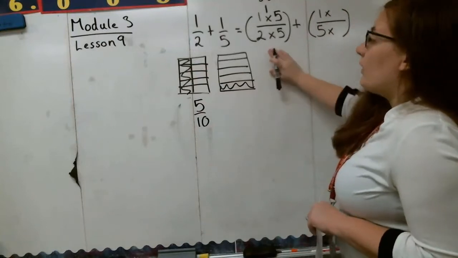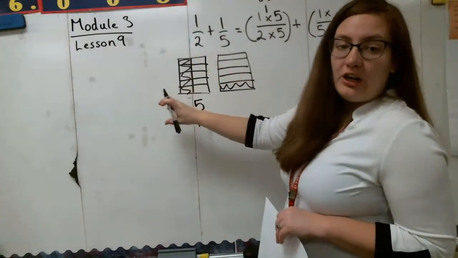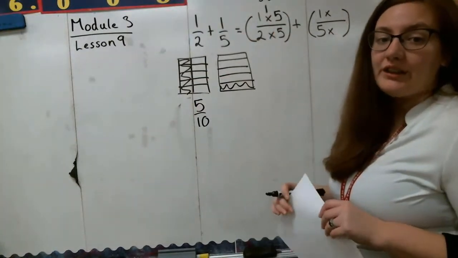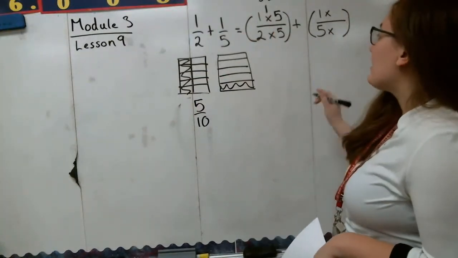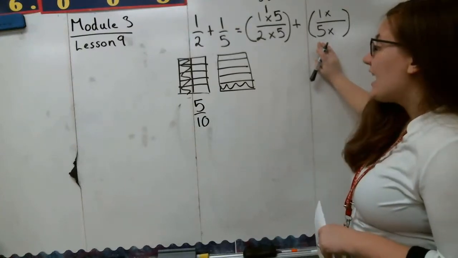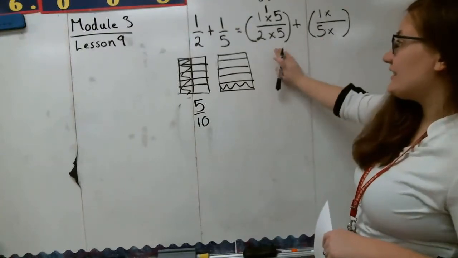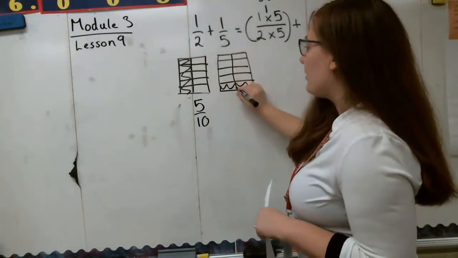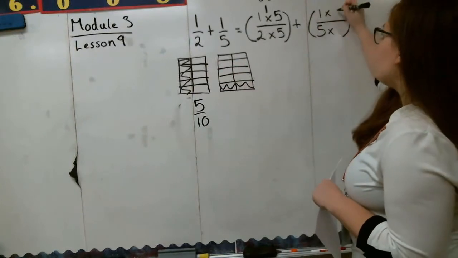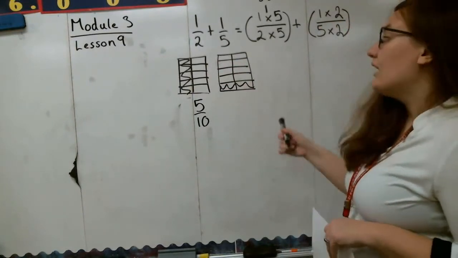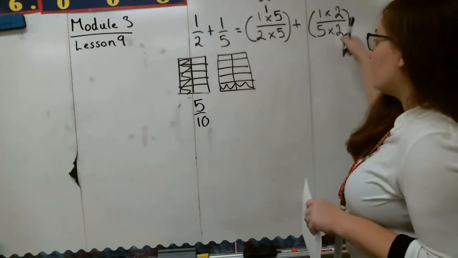So what we're going to start moving away from is just using the models, and now just using the math to help us solve these problems. And when I move over here now, I see that I have a 1/5, and I know that since this model was split in half, then this model needs to be split in half as well. But what I just did is I just created groups of 2 in this model, or for this fraction.